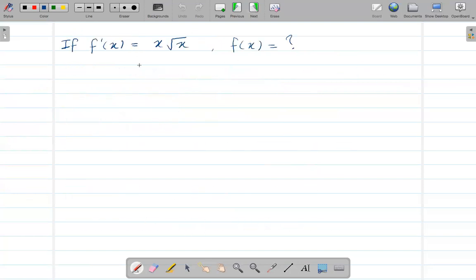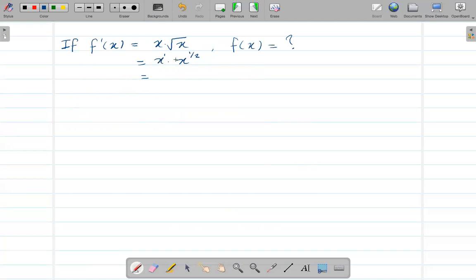So simple as that. Now we have 2 terms here, x and square root of x. But what we can do is, this is x times square root of x, right? We can write square root of x as x to the power 1/2. And the power of the first x, we can also write as 1, so x to the power 1 is still x.